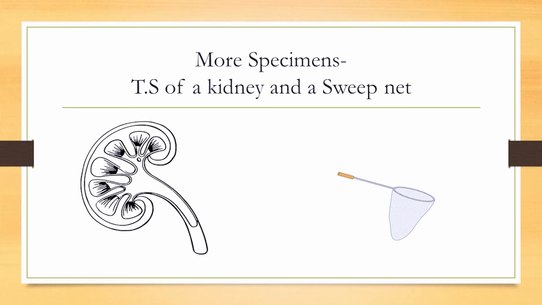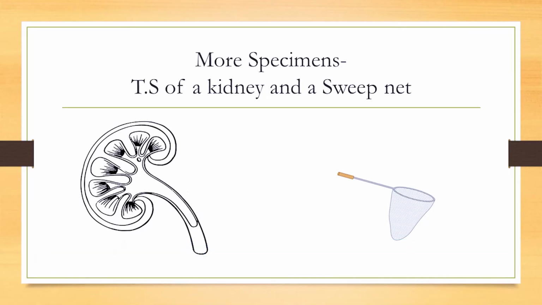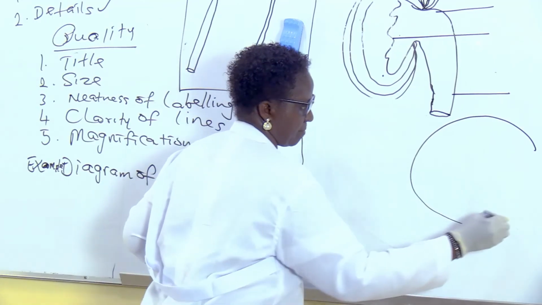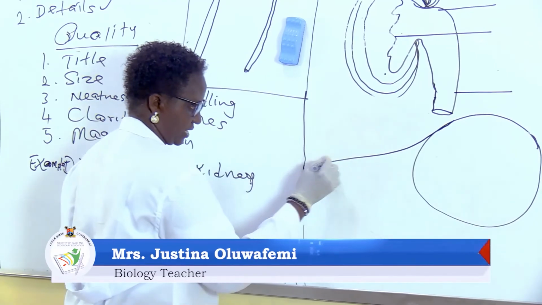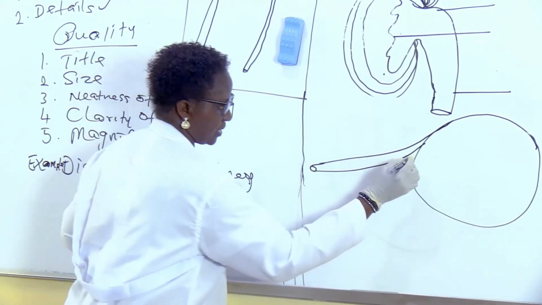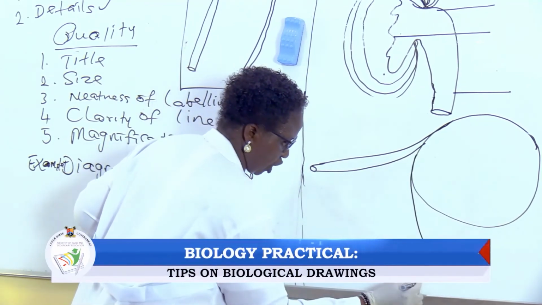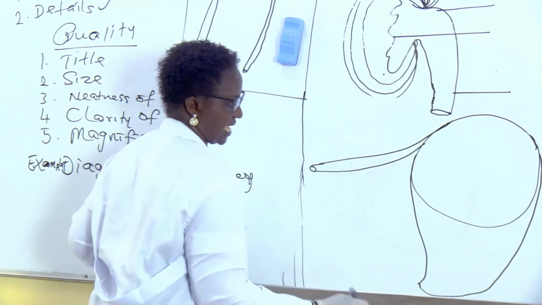Okay, let me clean this quickly. Let me clean the orange that I drew on the board, and make a sketch of my sweep net. My sweep net has this surface and an extension of a hand, and it drops down.